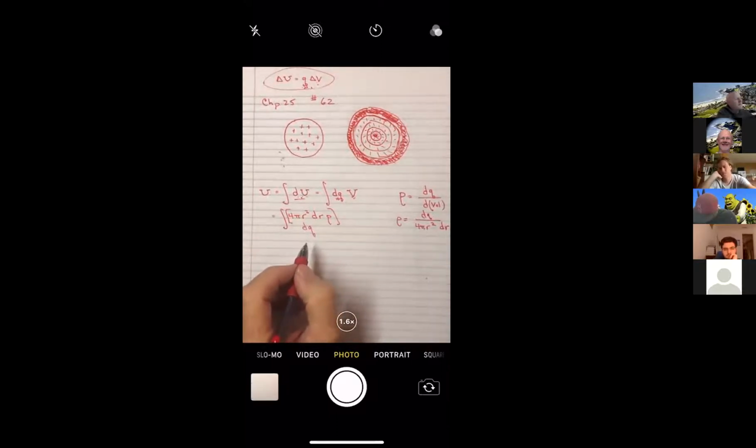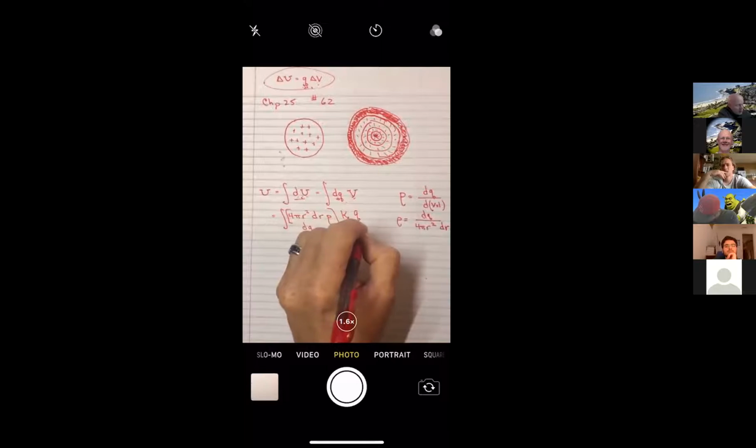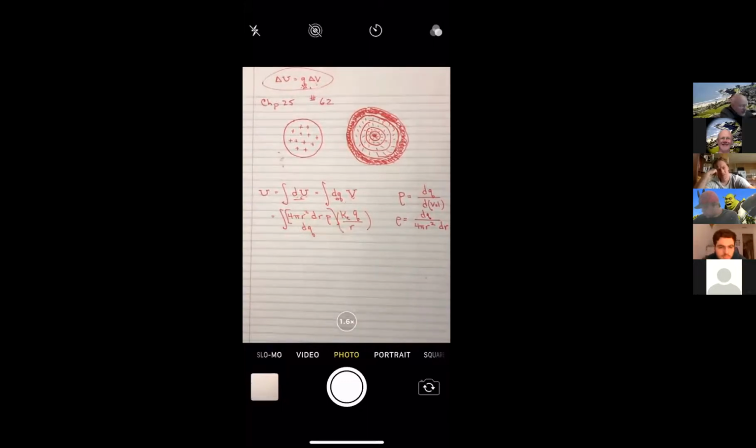Now, this other part, depending on how much work you want me to do, but I think at this point, the author is saying that you can use a result that they worked out for a sphere, and they showed that the potential from a sphere is the same potential as from a point.